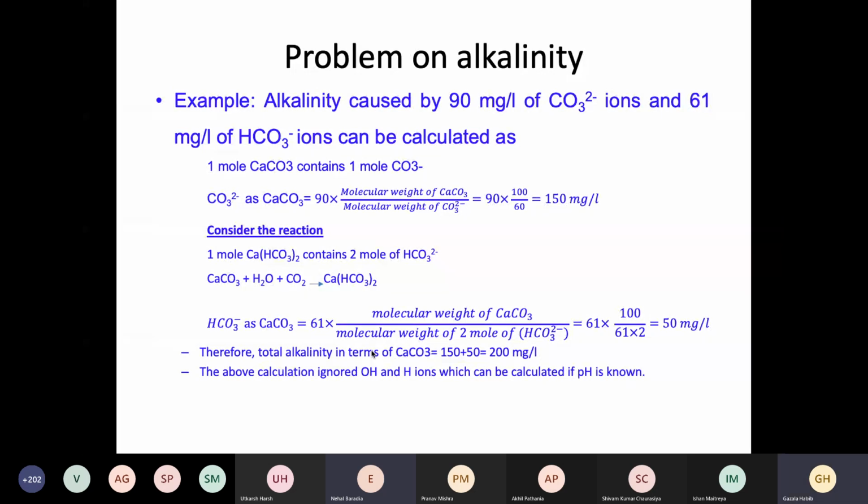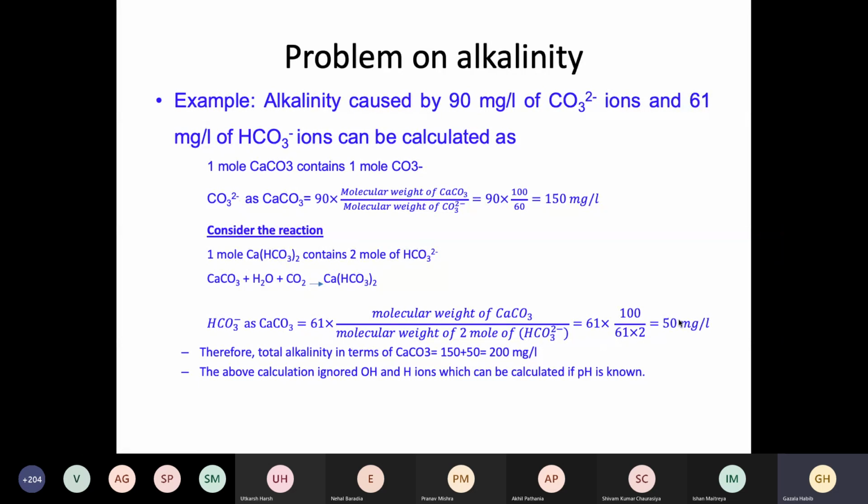Maybe, okay. So this is how we can calculate the bicarbonate ion concentration as CaCO3. 61 is the amount given for bicarbonate ion concentration. Equivalent CaCO3 can be calculated by 100, which is the molecular weight of CaCO3, upon 2, because 2 moles of bicarbonate are associated with 1 mole of calcium.